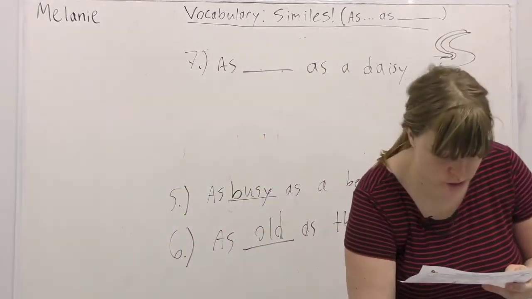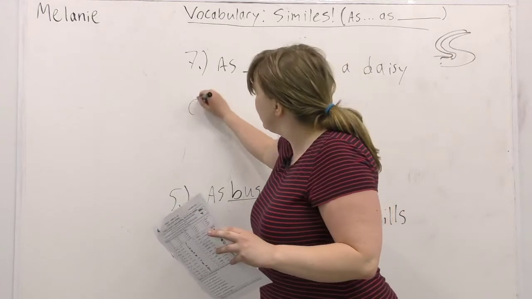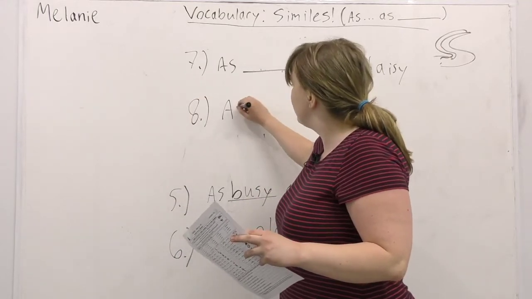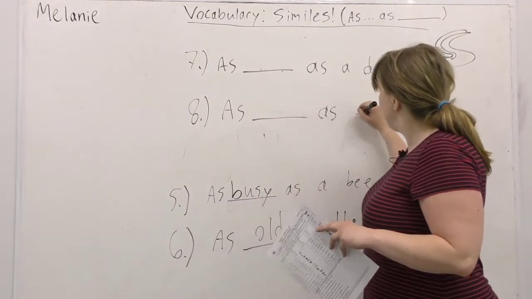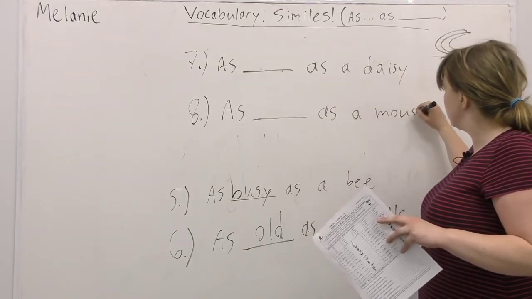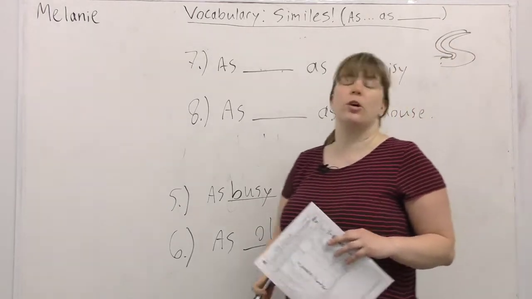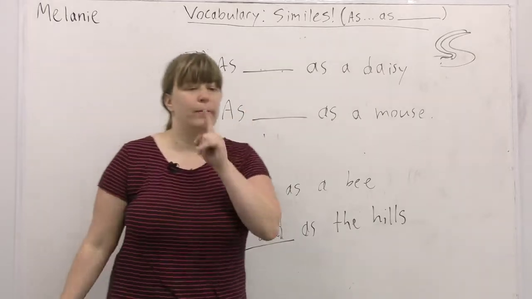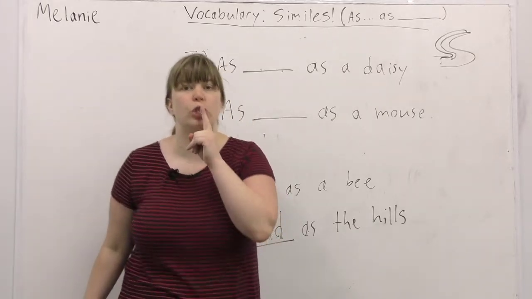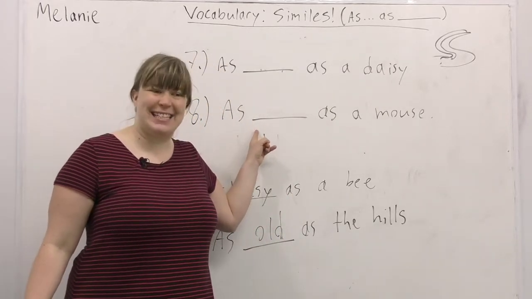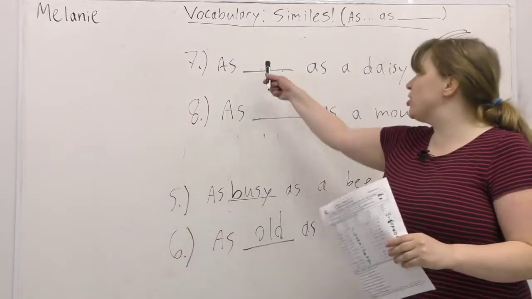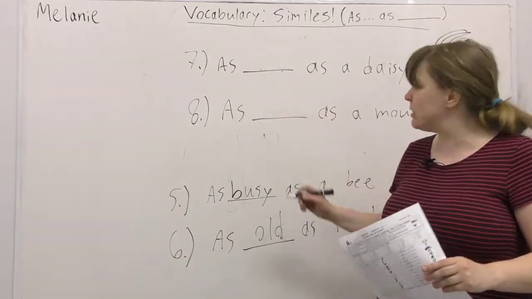And number 8. Oh, we didn't do this one, but I'll give you a hint. As a mouse. Okay. So number 8. Shh. That is my hint. So try to do number 7 and number 8.